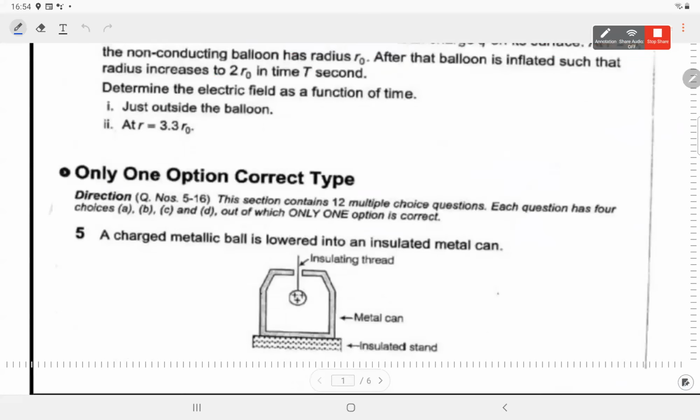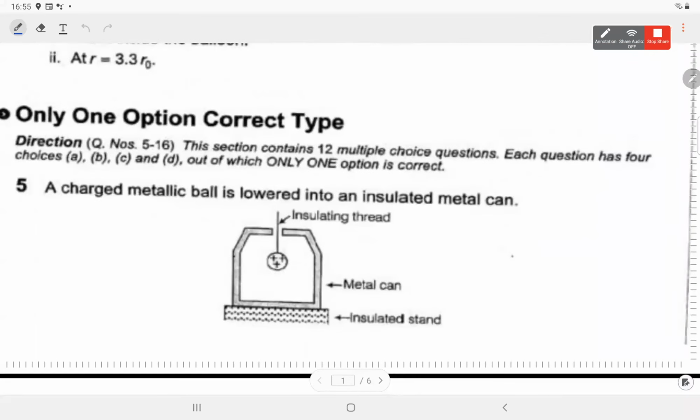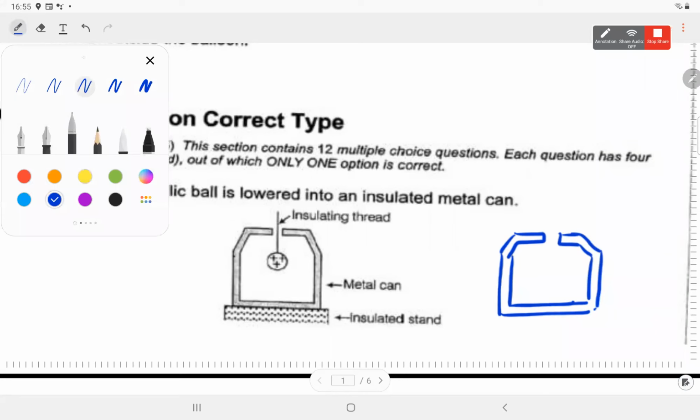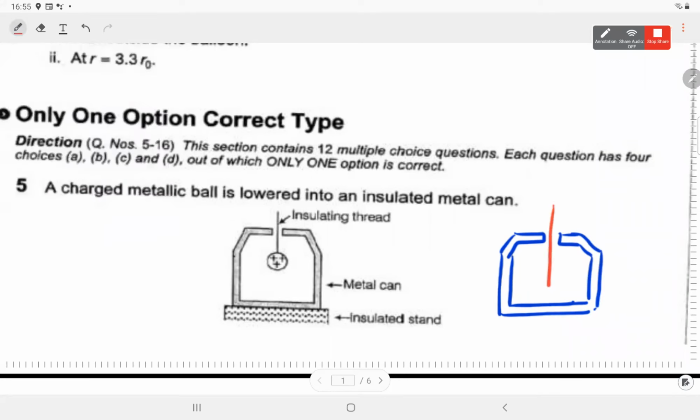There is a metallic can with a small hole, and a ball is lowered through the insulating thread. When this ball touches the metal can's bottom surface, the total charge of this ball will be given to this can.